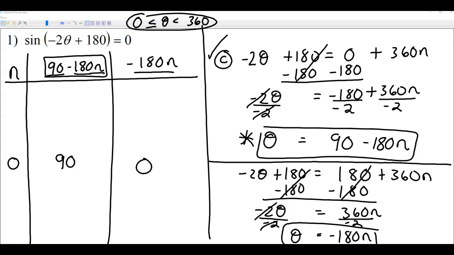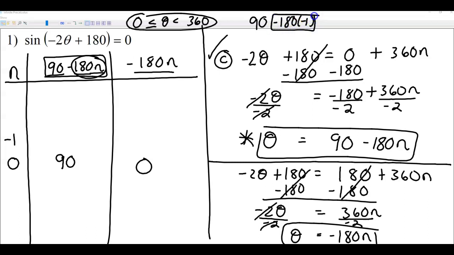Now, since these are negatives, I think I'm going to go ahead and plug in a negative to cancel out the negative. So let's plug in a negative 1. So if I were to plug a negative 1 in here, I would have 90 minus 180 times negative 1.